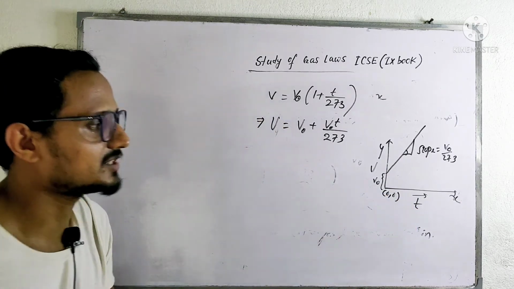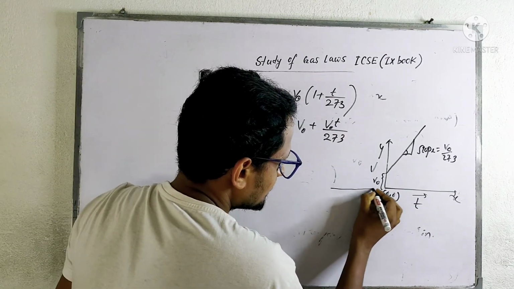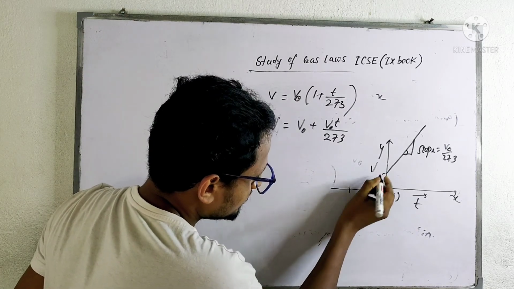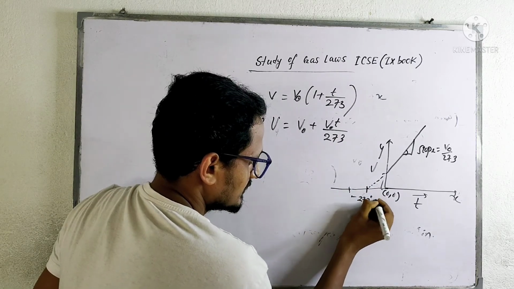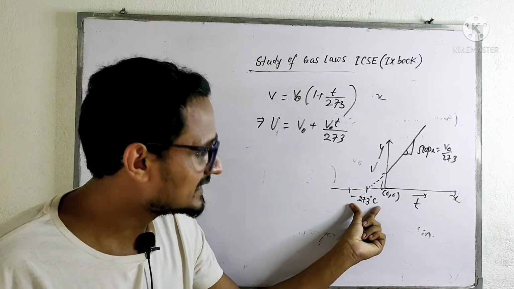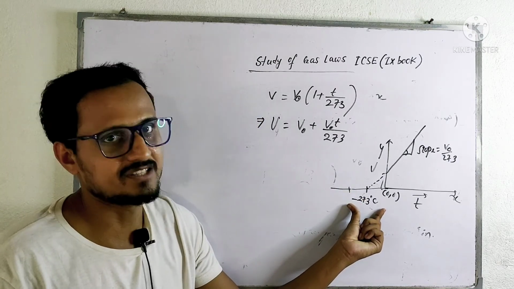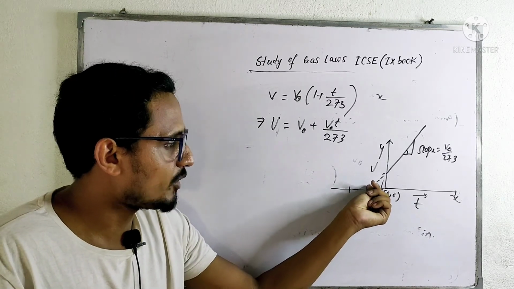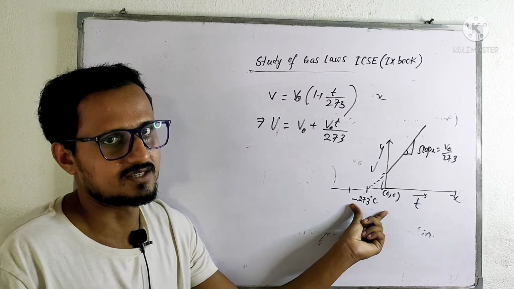Now this Charles law curve of V versus small t can be extrapolated to the negative axis, and if we extrapolate this curve, it will cut the axis at minus 273 degree centigrade, actually minus 273.15 degree centigrade. This temperature has a significance, which is called absolute temperature.